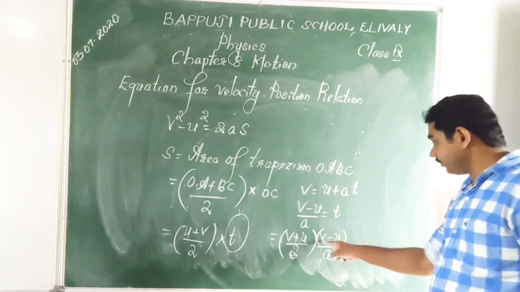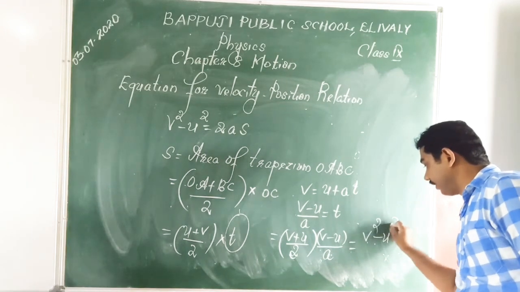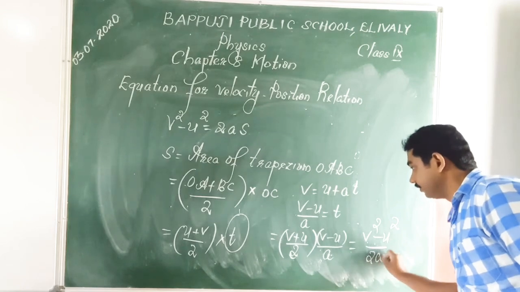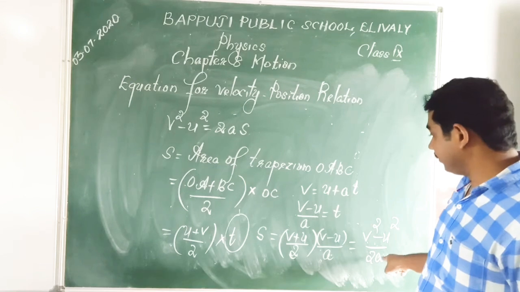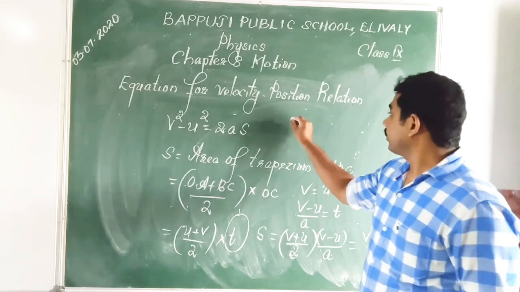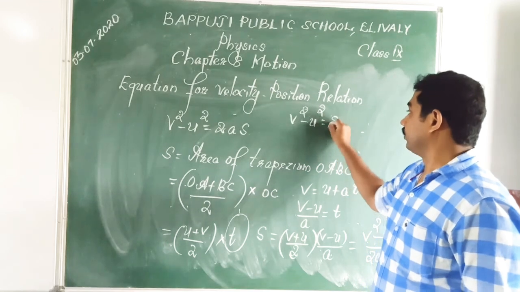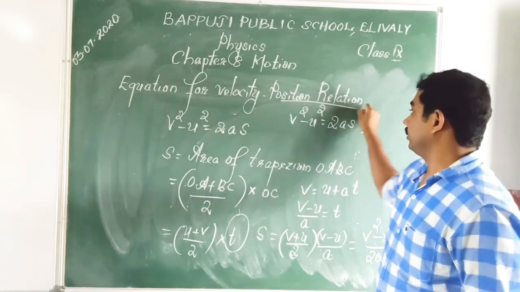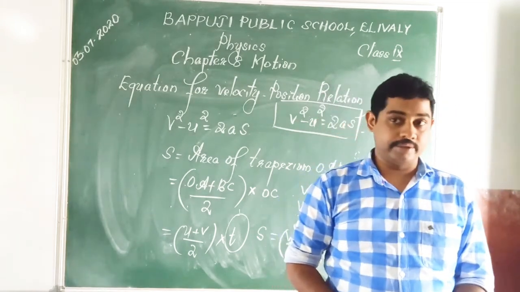So V plus U into V minus U gives V square minus U square divided by 2A. S is equal to V square minus U square divided by 2A. So V square minus U square is equal to 2AS. Velocity position relation: V square minus U square is equal to 2AS.